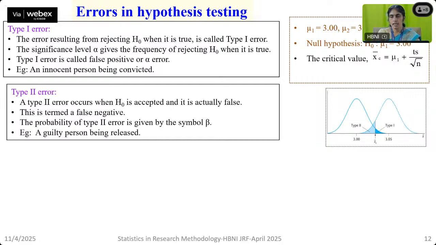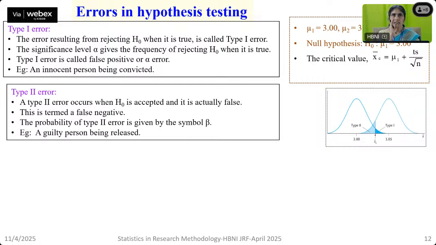The critical value is calculated from the confidence interval. If you do repeated measurements to obtain mu1, that is 3.0, you will have a distribution of the data corresponding to the probability distribution of a Gaussian function. Similarly, mu2 also will have a similar distribution.